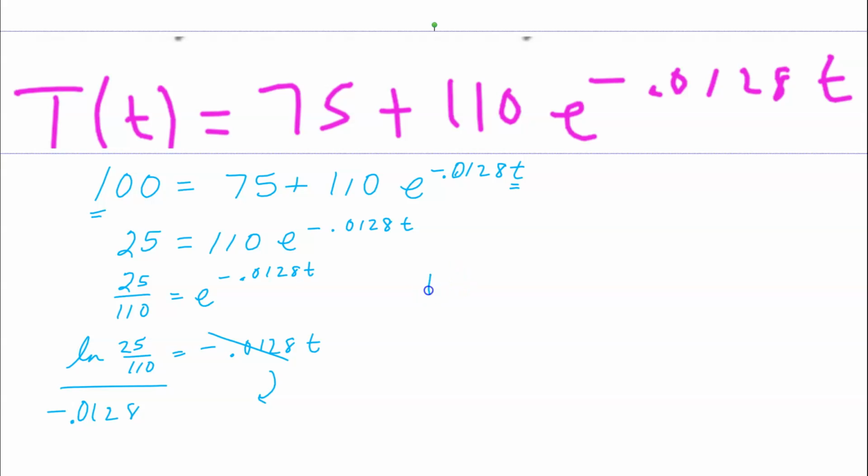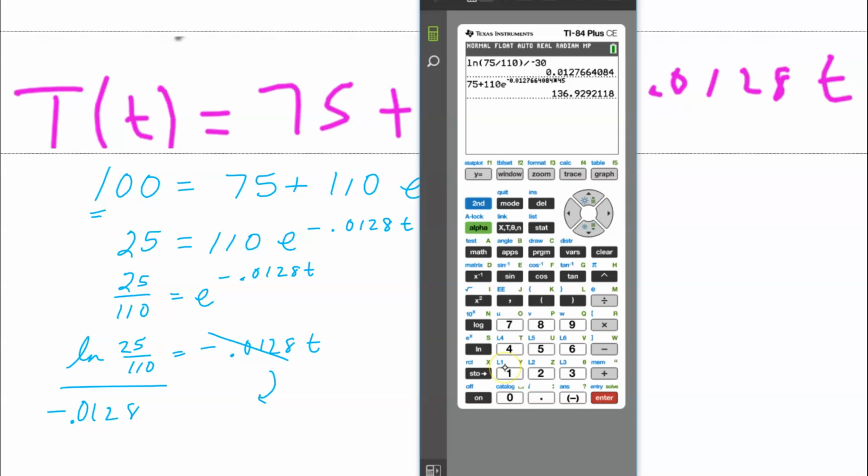Let's see what we get for t. We're going to plug that into our calculator. We have the natural log of 25 divided by 110. That gets divided by a negative 0.0128. I'm going to bring up and highlight, bring that down.